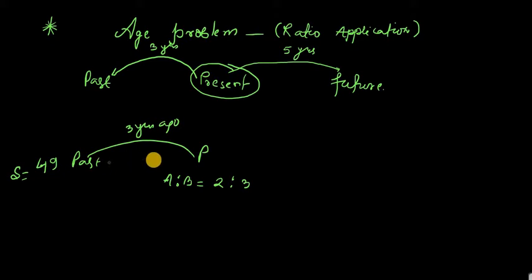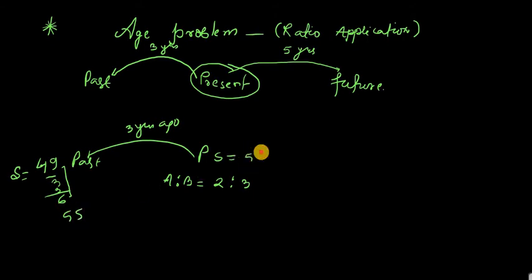The ratio is of the present, so the sum is the present sum. The sum 3 years ago was 49. A loses 3 years and B loses 3 years, so 6 years in total. So the present sum is 55 years.